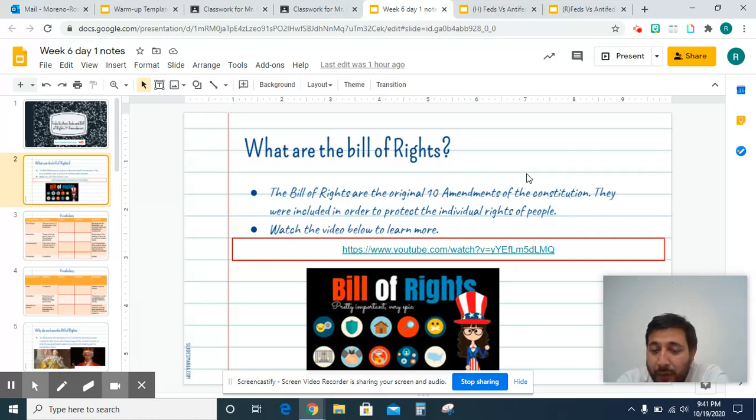If you remember correctly from your lessons on the grievances against the king and the French and Indian War, the king was trying to be a little imposing on the colonists. Whatever he said, that's what was going to be done, and the colonists didn't like that very much.